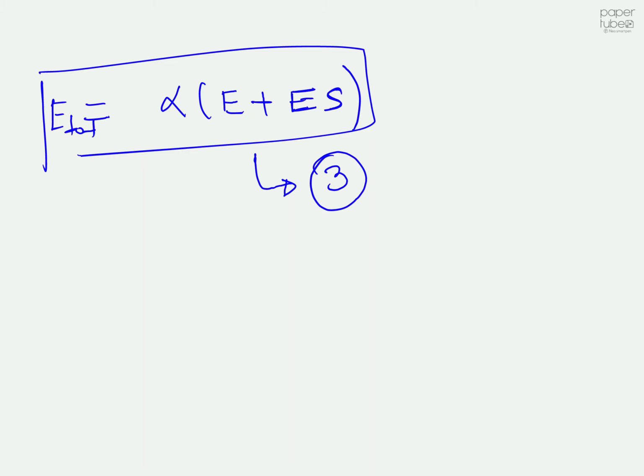So E total is equal to alpha multiplied by E plus enzyme substrate complex. We have to get the R0 value, or initial velocity, which is k catalytic multiplied by enzyme substrate complex. So what can we do?